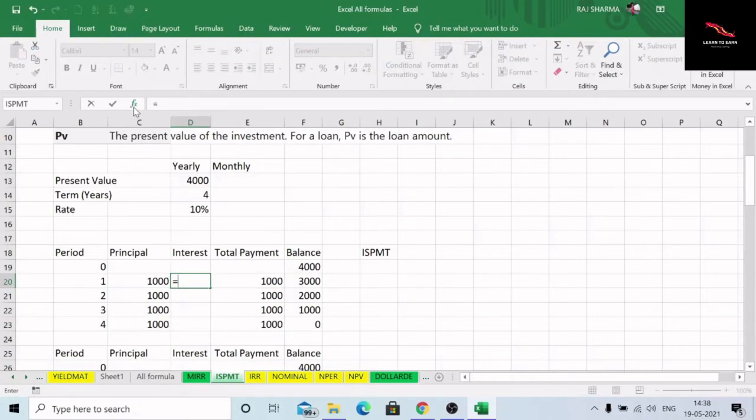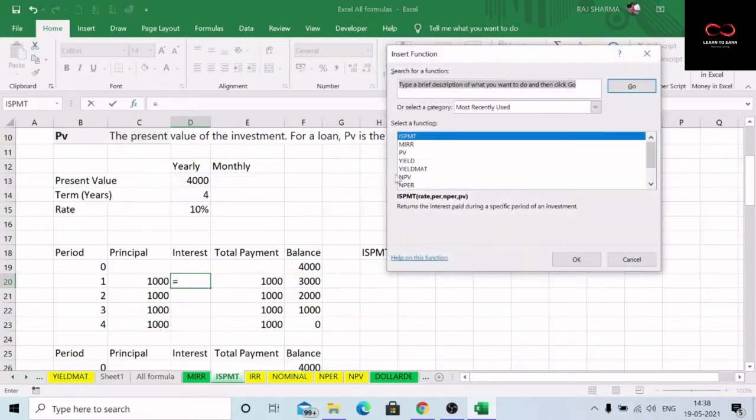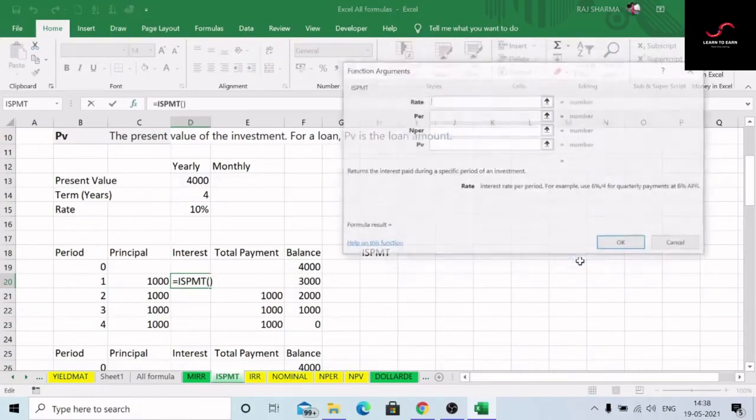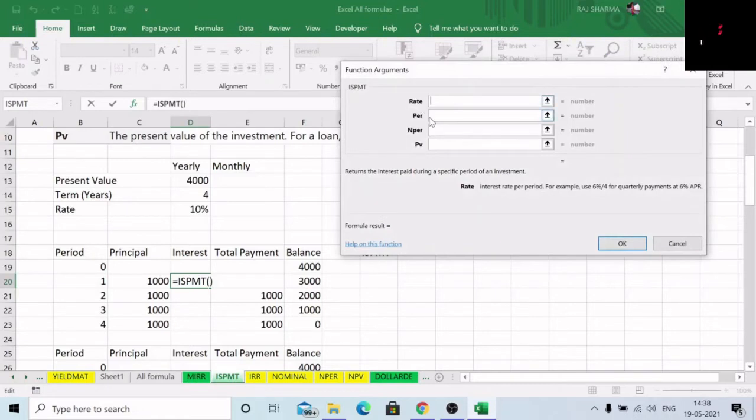For interest, you can go to the insert function tab and select ISPMT. Here you can see the first field is rate, and in putting the rate you need to be very careful. It says the interest rate per period, for example 6% divided by 4 for quarterly payment at 6% annual rate.